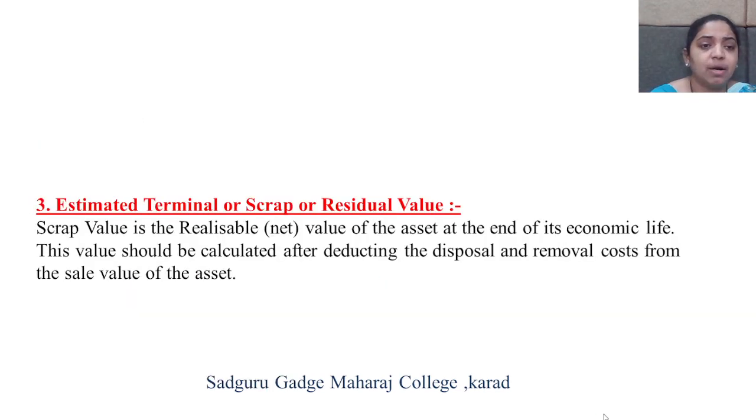So, remember, the useful life of an asset is very important. It means the business should use the asset till it gets what? Till it gets useful services from the asset and earns profit. So how much is the useful life? Example, you have used the asset for 10 years. So 10 years will be the estimated useful life of an asset.